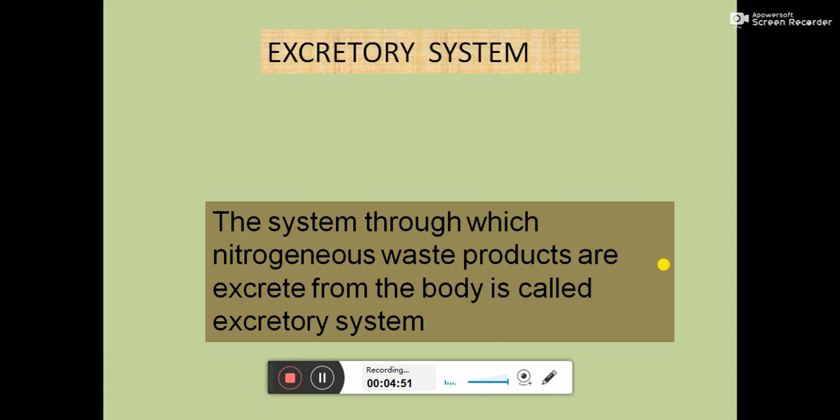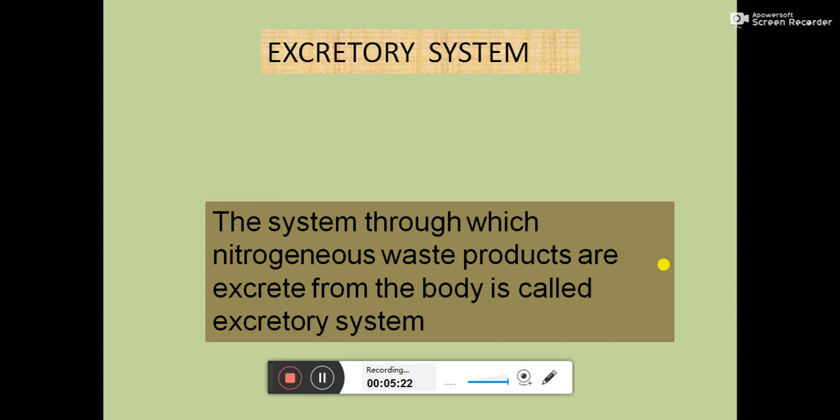Now we are going to learn about the excretory system. So what is the excretory or urinary system? The system through which nitrogenous waste products are expelled from the body is called the excretory system. We know a system consists of some organs which do the same type of work.